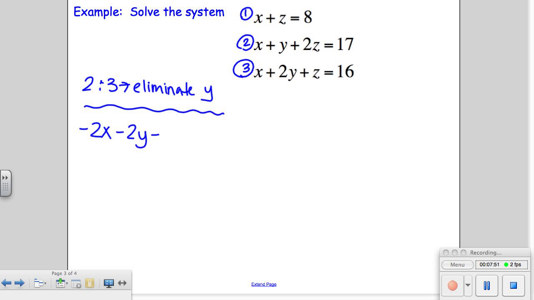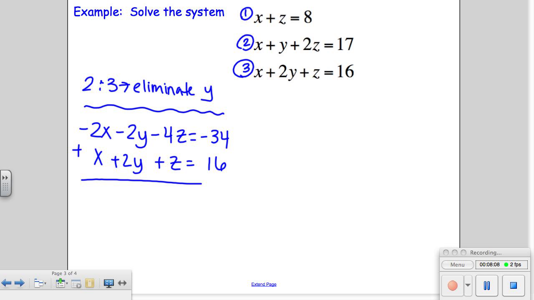So we get negative 2x minus 2y minus 4z equals negative 34. And we'll leave equation 3 the same. Now when I add these together, I end up with a negative x, a minus 3z equals negative 18.